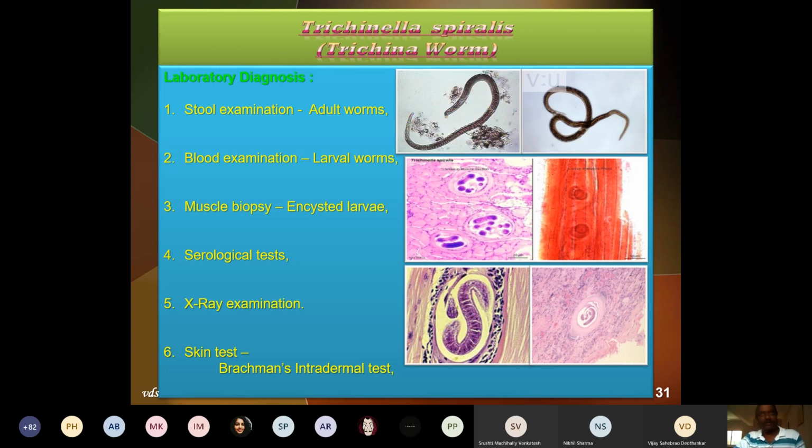Serological test can be done. Complement fixation, neutralization test can be done. X-ray examination of the affected part can be done for detecting the encysted larvae. And skin test, Bachman's intradermal skin test can be done for the detection of type 1 hypersensitivity to the substances of the Trichina worm.